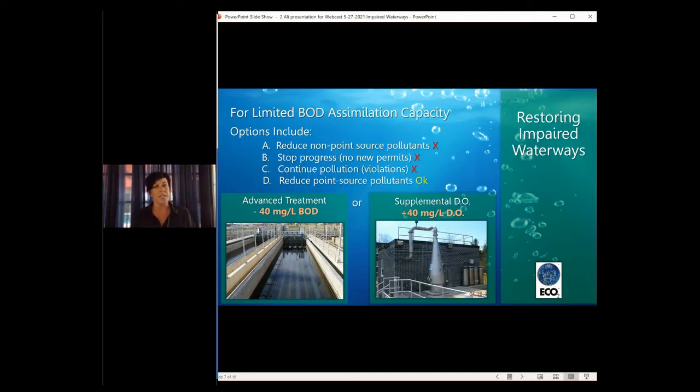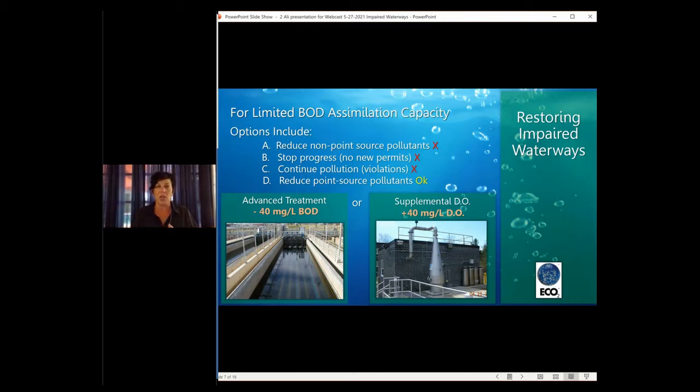Alternatively, consider adding supplemental oxygen to offset that BOD. So you've either got biological oxygen demand going into the river, or you can offset that oxygen demand by feeding oxygen.